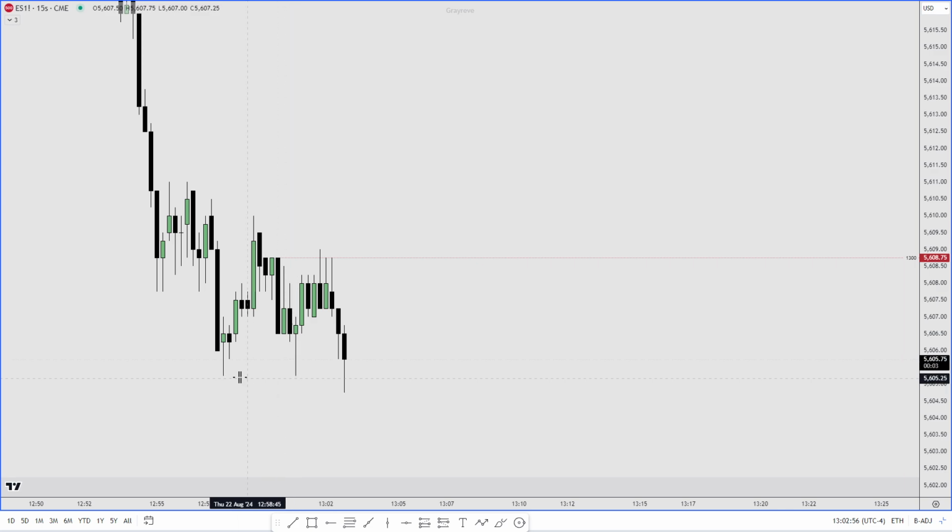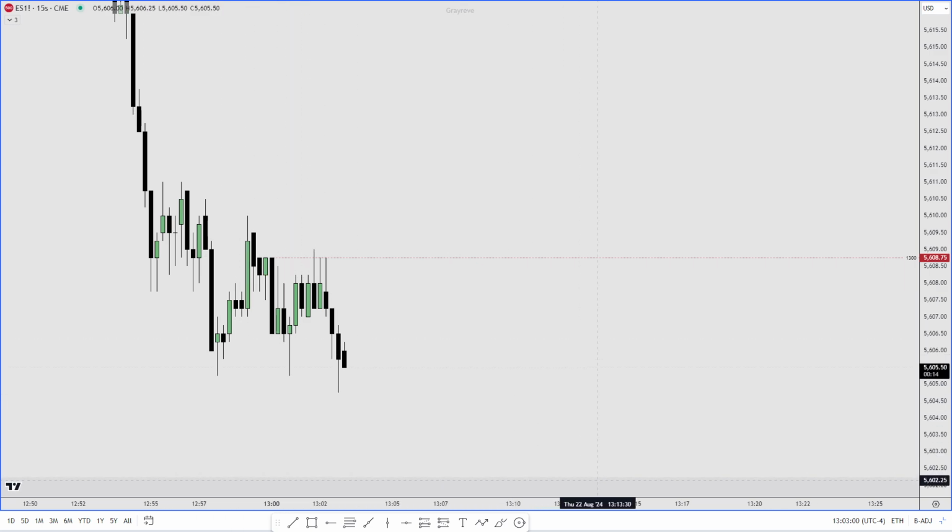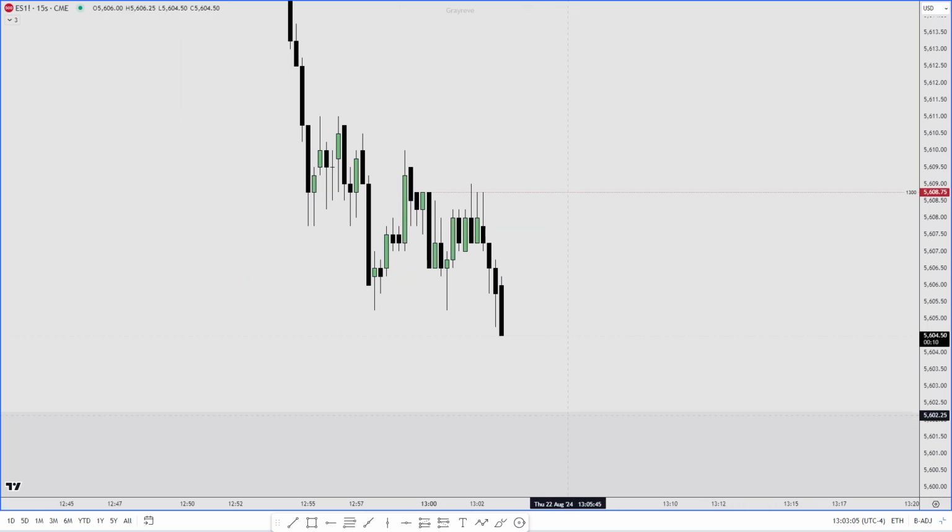You want to see speed below these two lows, to be honest, to look for this low here. We are really near to it now.